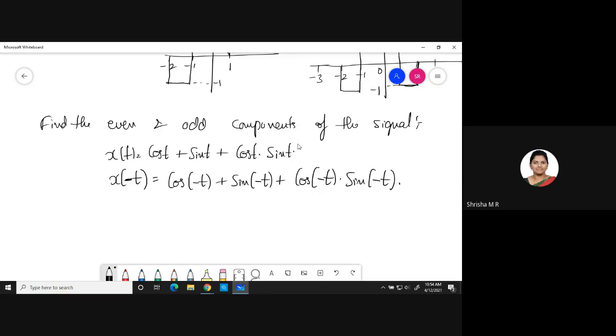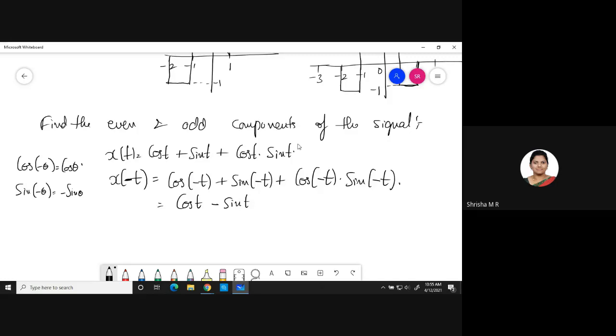Now we know cos of minus theta is cos theta only, so cos of minus t is cos t. Sin of minus theta is minus sin theta, so sin of minus t is minus sin t.